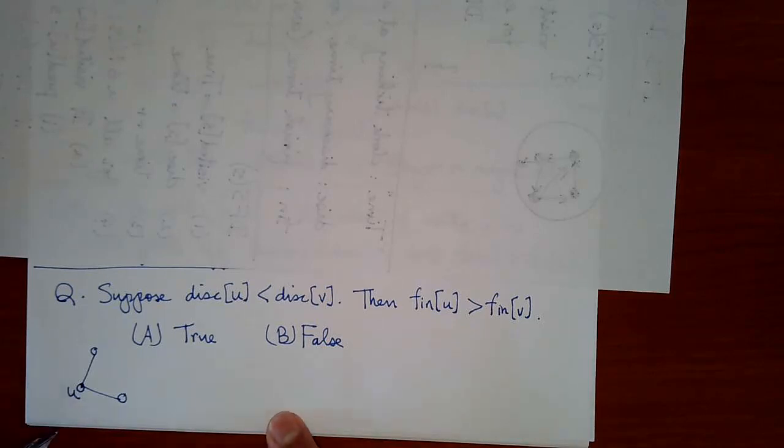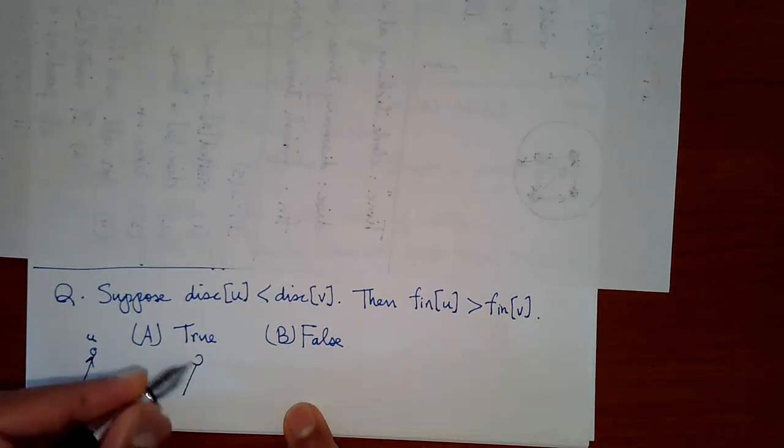Then we know the discovery time of U is smaller than the discovery time of V. In this case, we first discover U and finish U, and then the finish time of U is smaller than the finish time of V. Exactly. So you don't even need the direction. This example is enough.